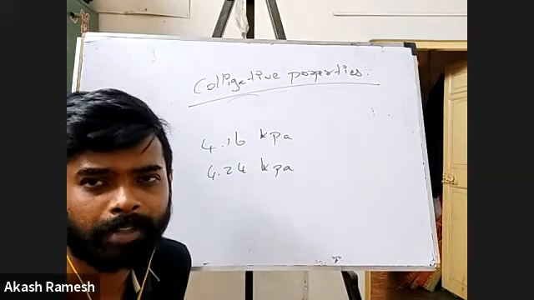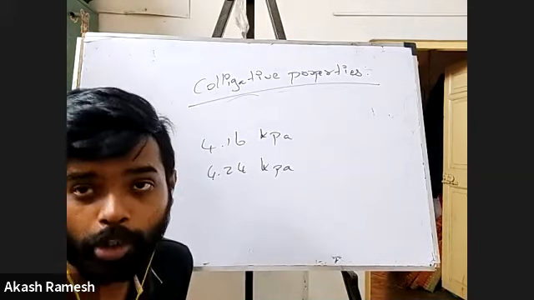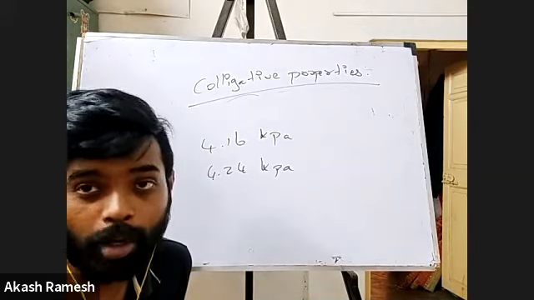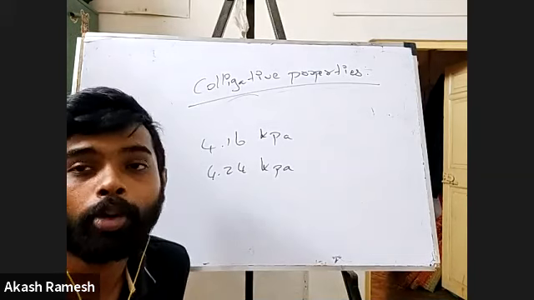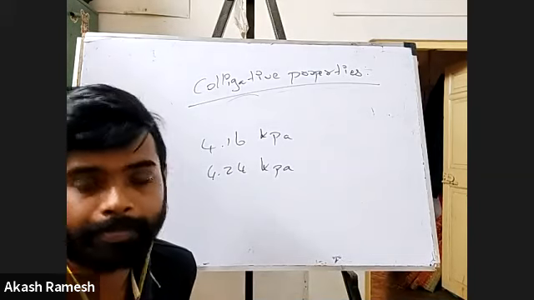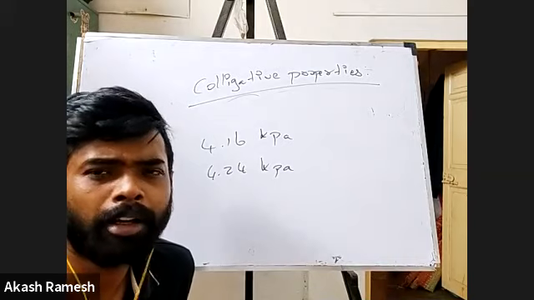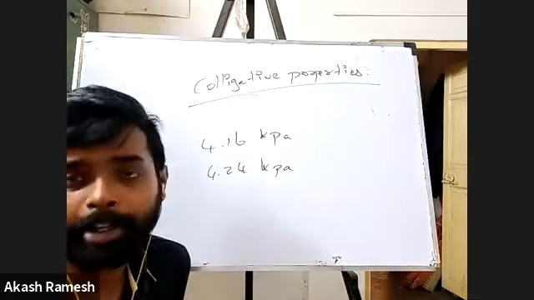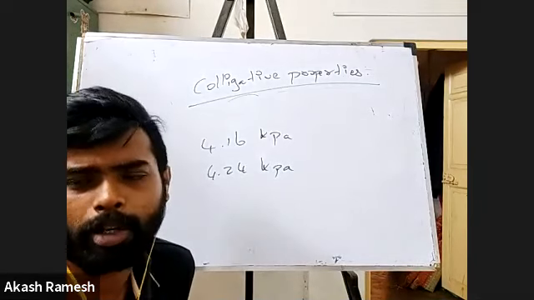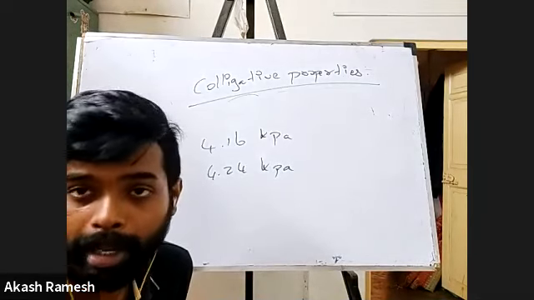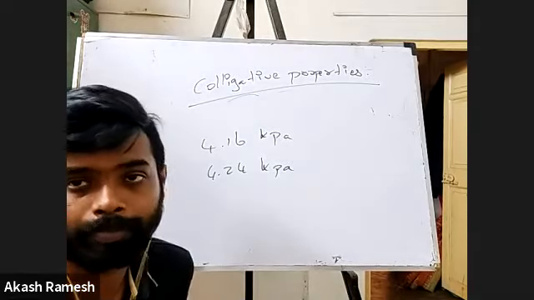As I told you, they're asking you the molecular mass. That means obviously they are trying to get you into the relative lowering of vapor pressure. First we'll try to solve it with relative lowering of vapor pressure, see what happens, and then we'll solve it via Raoult's law also.